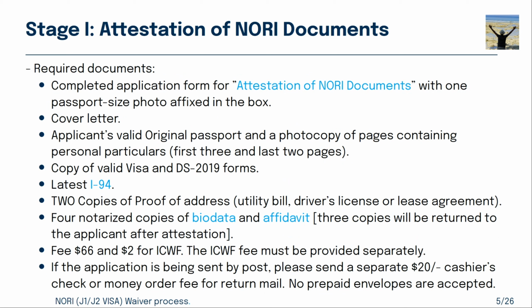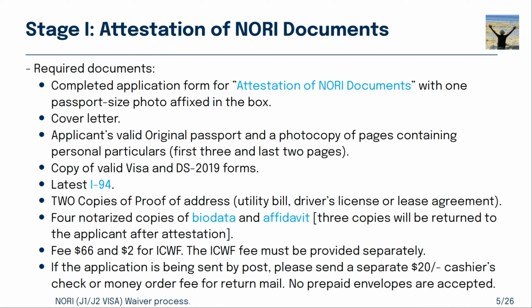If you have multiple DS forms, you have to send all of them, and these will be photocopies, not originals. Then the latest I-94, which you can get from the particular website. I will share the link in the comment section.